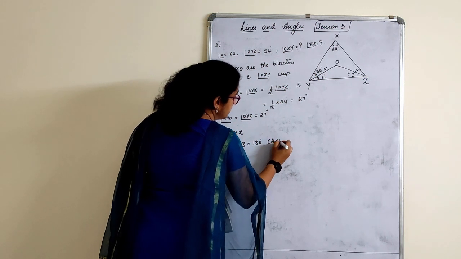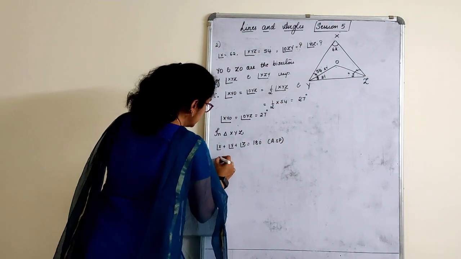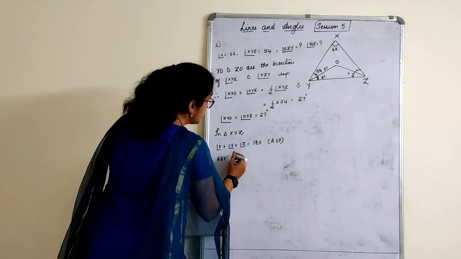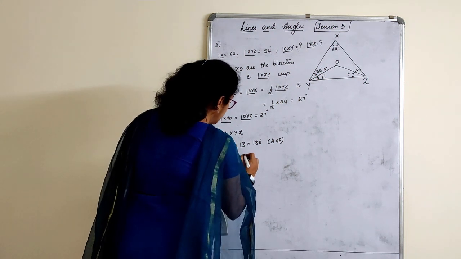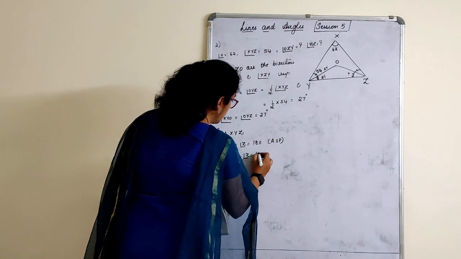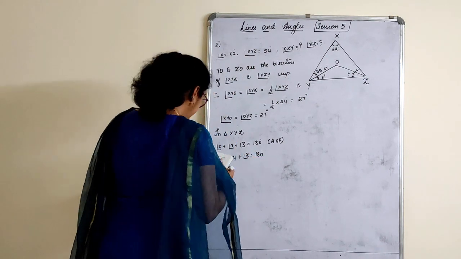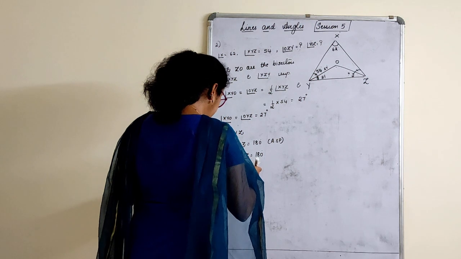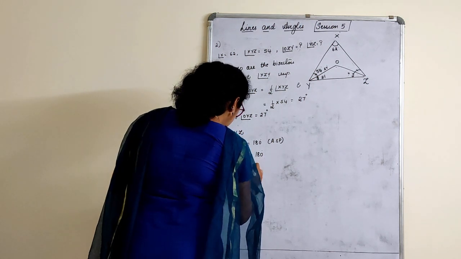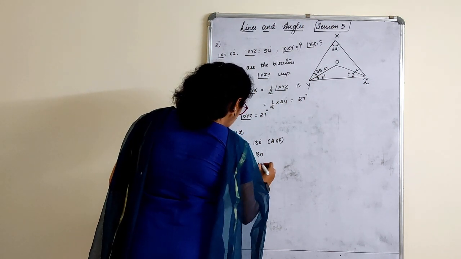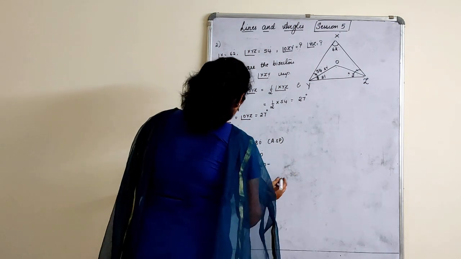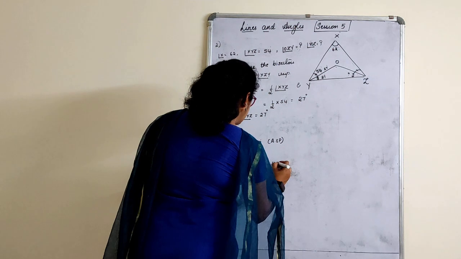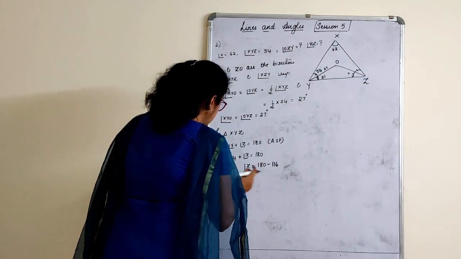Angle sum property, angle X is 62 plus Y is 54 plus angle Z is equal to 180. Therefore, angle Z is equal to, how much will it come? Angle Z is equal to 180 minus 62 plus 54, which is 116, correct?